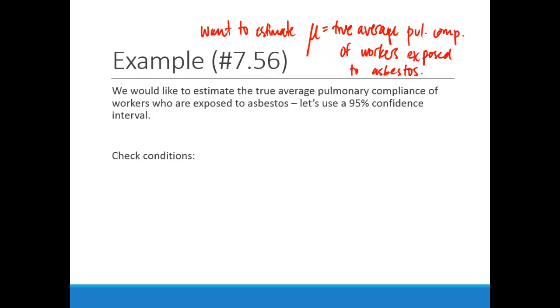Okay, so again, our first step for these confidence intervals is always to check our conditions, to make sure that it's okay to use whatever procedure we want to use. So we have two things we always need to make sure about here. The first one is, do I have a random sample?